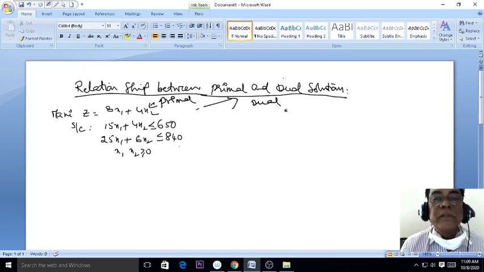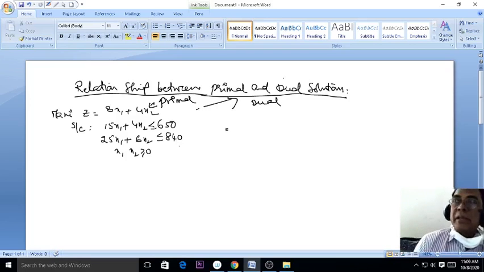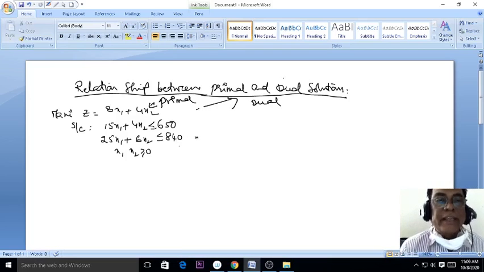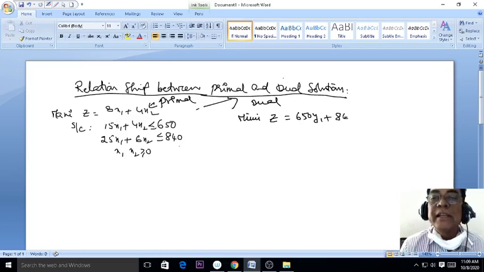Dual means, in the primal, all equations contain x1 and x2. Now for the dual, we take other variables. If the maximum case is given, then convert it into the opposite, minimization. Z is equal to the right-hand sides 650 and 840, so 650y1 plus 840y2.